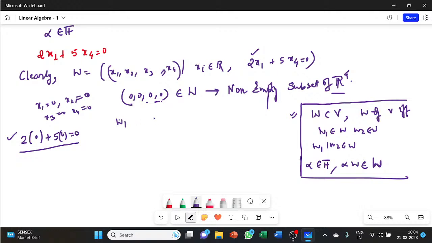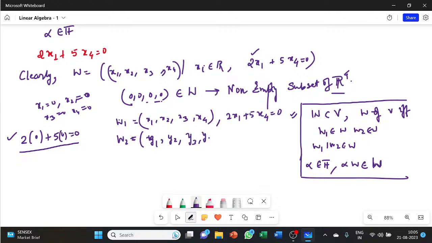So let's say W1 is x1, x2, x3, x4, such that, please remember, 2x1 plus 5x4 is equal to 0. Similarly, if I define W2, W2 will be equal to y1, y2, y3, y4, such that 2y1 plus 5y4 is equal to 0.